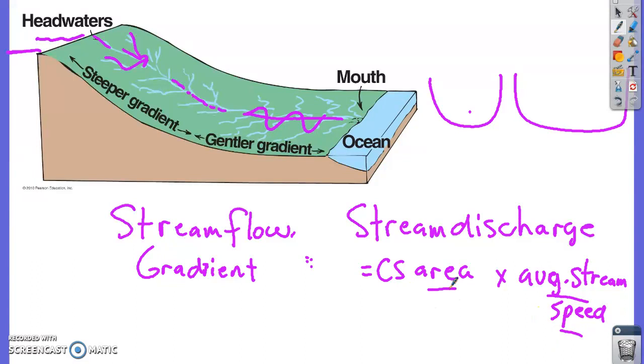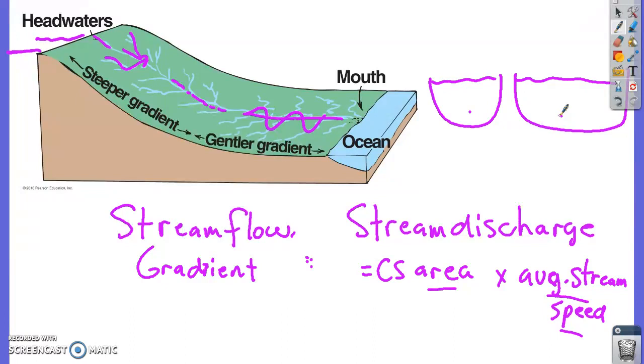So just because it's a bigger cross-sectional area, if you do a line through and look at the cross-section of the water coming down, it depends on how much cross-sectional area there is, because that's the volume of water coming down, but it also depends on how fast the water is moving through there. So it's basically those two things.